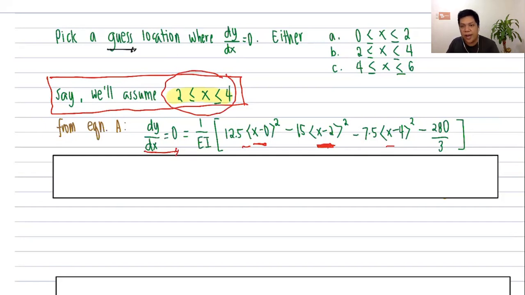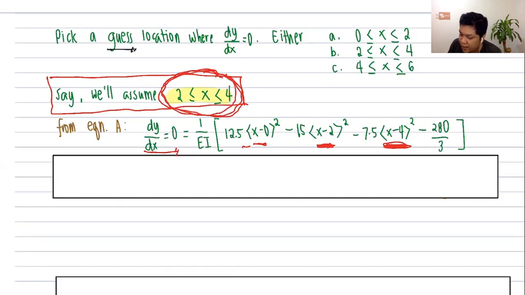So we evaluate them. However, what if we look at this third term and, assuming again that x is between 2 and 4, take any value between 2 and 4? Will the value inside the bracket be negative? Yes. Therefore, what does that mean?